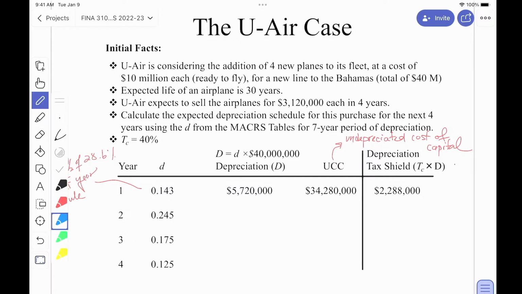It has to be double. I'm not sure what I did wrong there. So 9.8 million, so almost $10 million you can claim as an expense, and you'll see how this affects tax savings. So now you take this undepreciated cost of capital amount and you subtract 9.8 million and you get what?